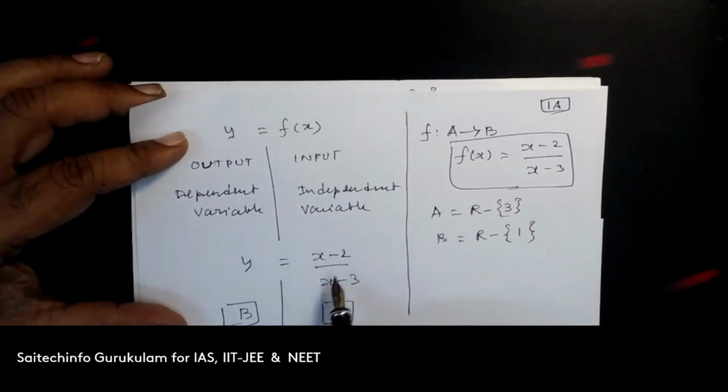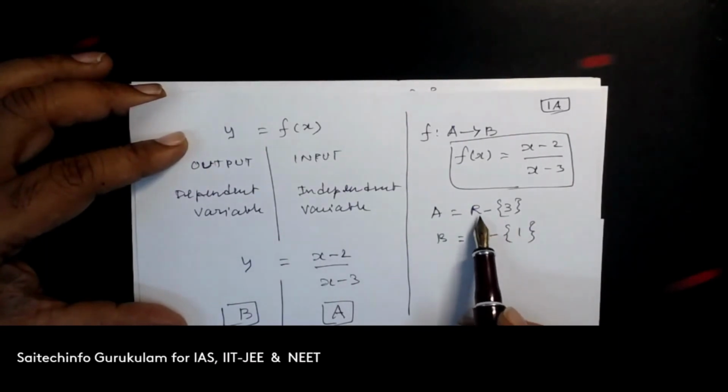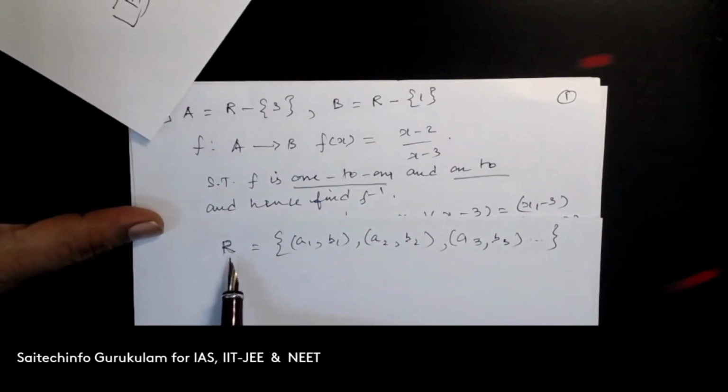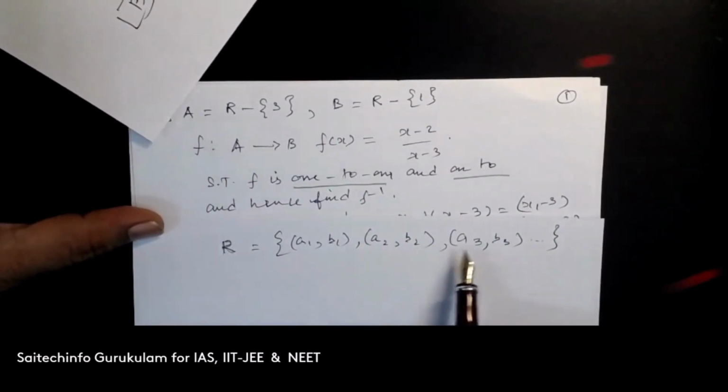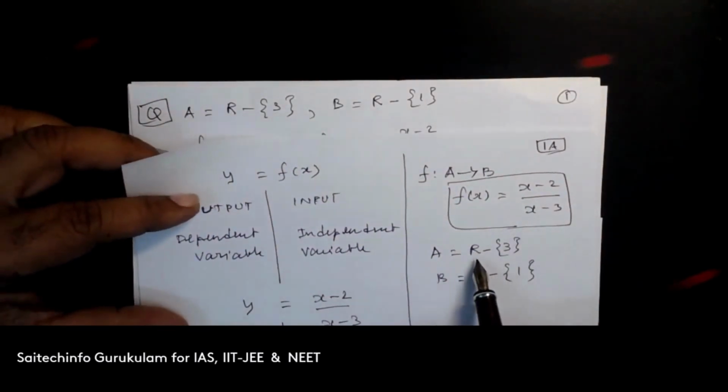So what do you mean by this? You should not get confused between this R and the relation here. This indicates the relation, the set of ordered pairs, whereas this one is the real numbers.